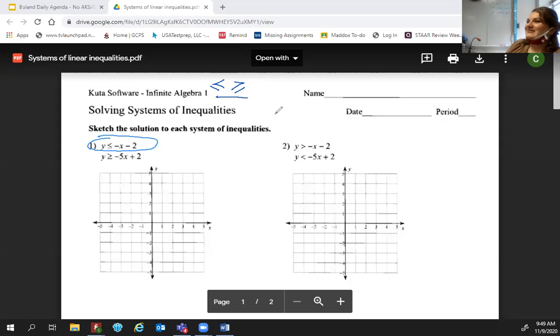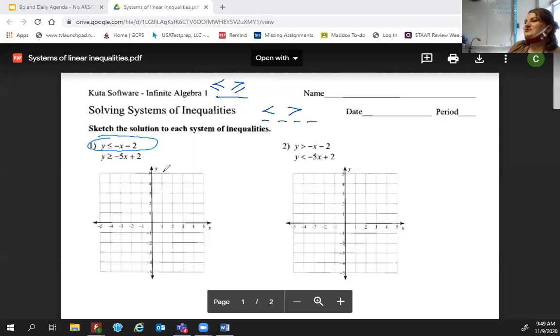If our systems of inequality sign has just a regular inequality greater than or less than sign, what does that mean in terms of our line? It's a dashed line.